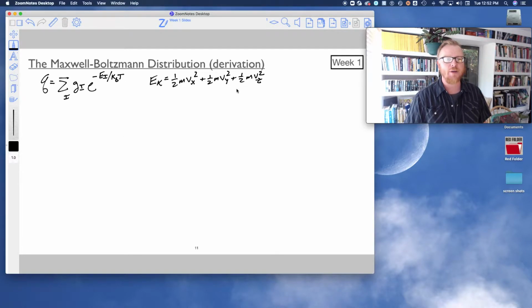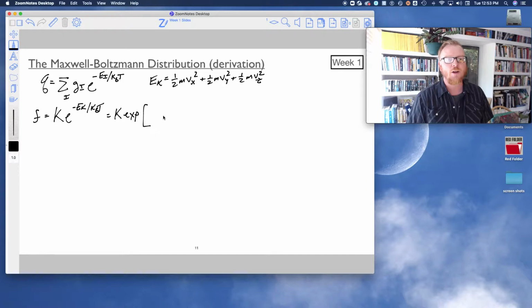Now I'm going to write out, using a little bit different notation, a new function that we're going to develop. I'm going to use a capital K in place of this letter g, and I'm going to write e to the negative E_K divided by k Boltzmann T, where we recognize this E_K is my kinetic energy. I'm going to expand that, and here I'm going to use my exp notation because this exponential is going to get a little hairy.